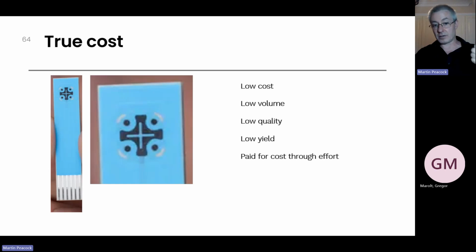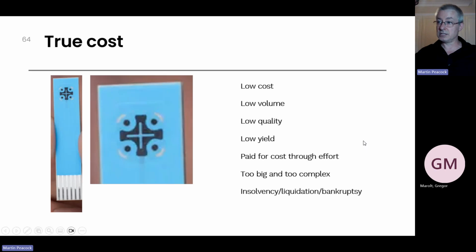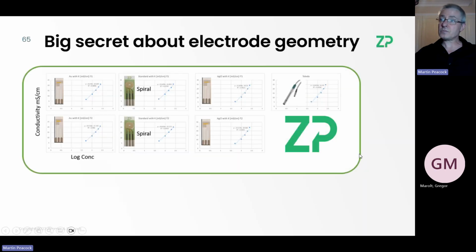So they ended up paying the true price for this through basically salaries, and they ended up in Chapter 11. So be careful about asking for customization, because you'll get it, and when you ask for low price, you'll also get that, but you'll end up with low quality, and it can be as dramatic as actually going out of business.